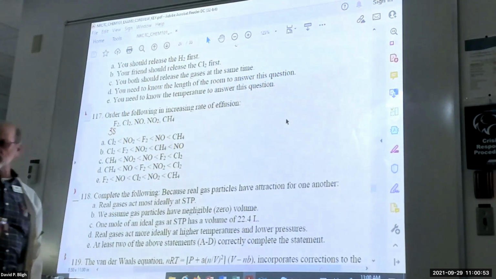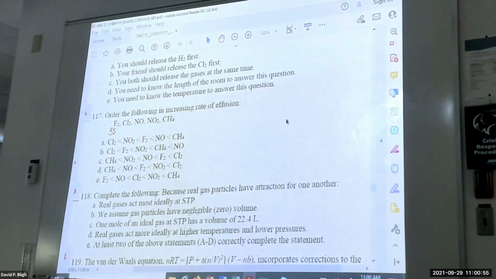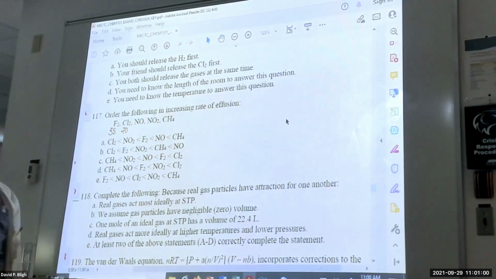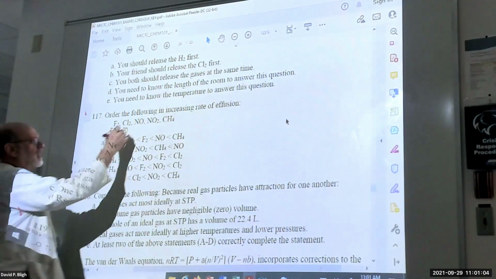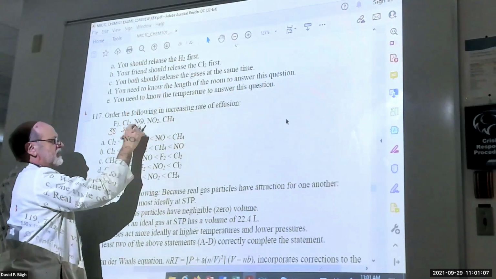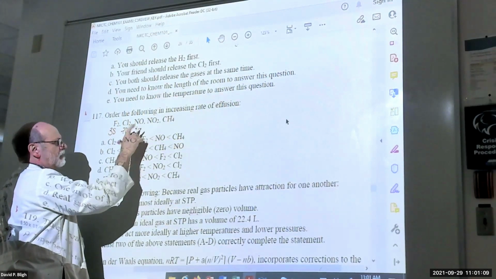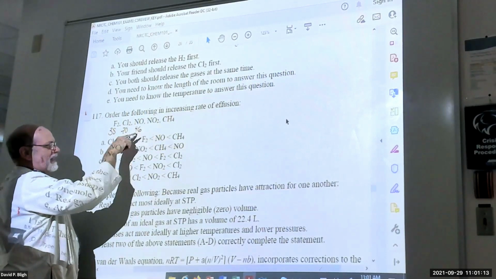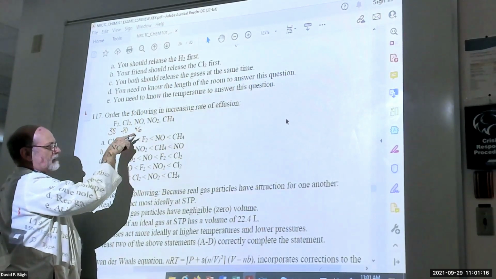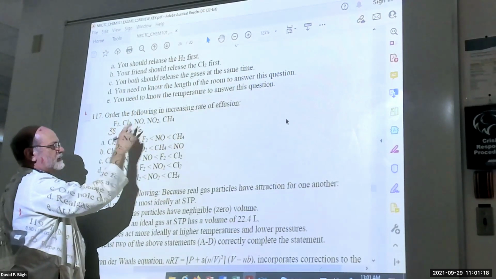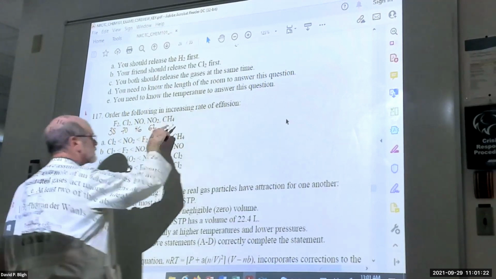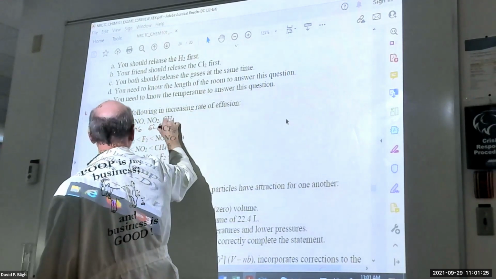Chlorine is 35.45 times 2, about 70. NO is 14 plus 16, 30, and the next one adds another oxygen, so that's 46. And this one is 12 plus 4, which is 16.